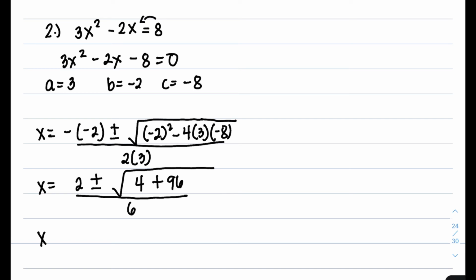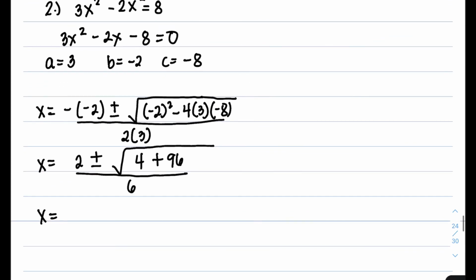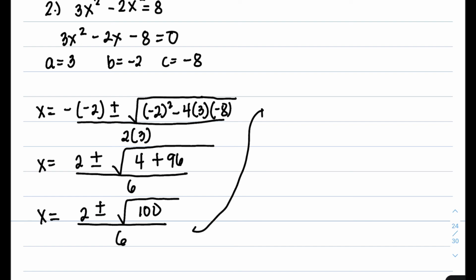Then, x is equal to 2 plus minus square root of 4 plus 96, that is 100 over 6. So we have x is equal to 2 plus minus square root of 100 is 10, then over 6.